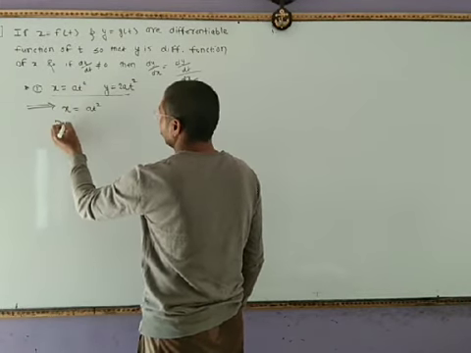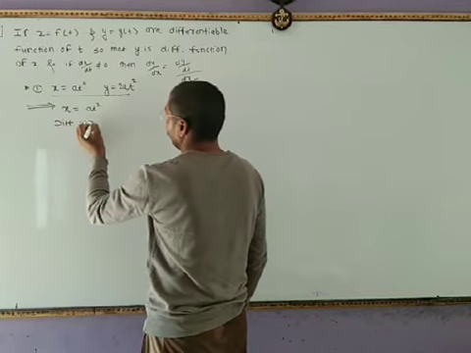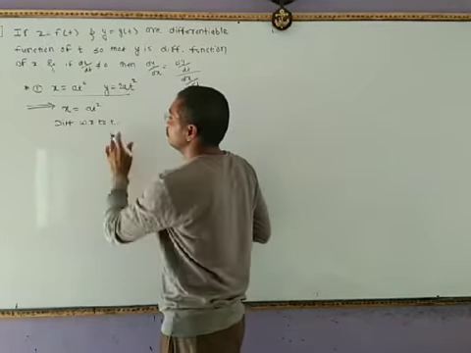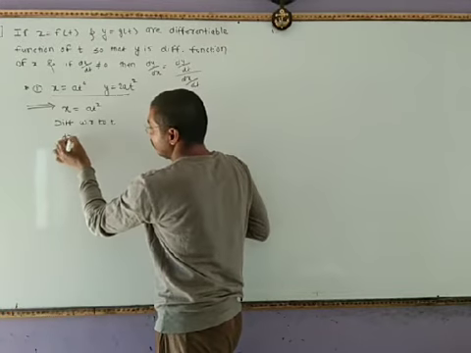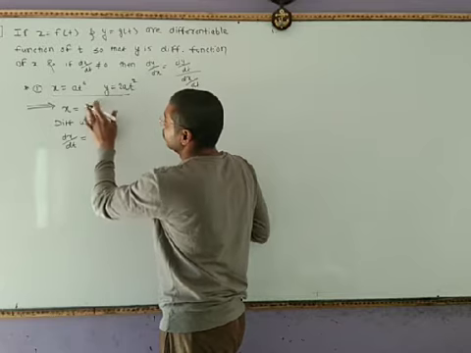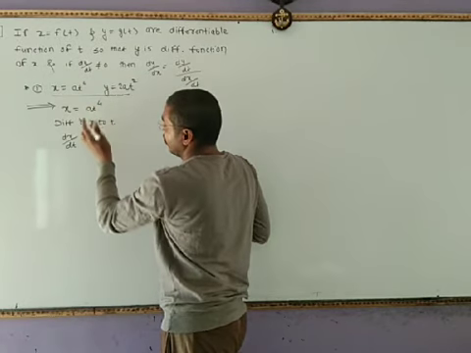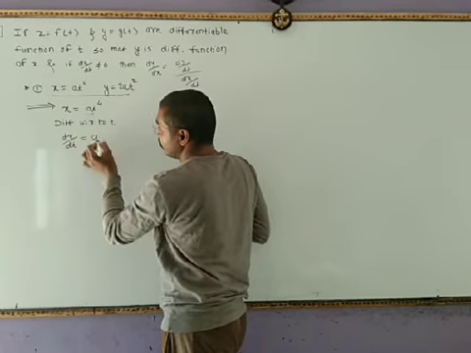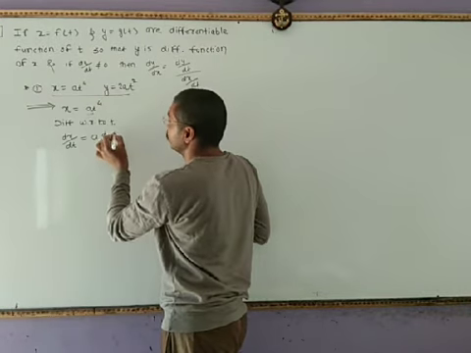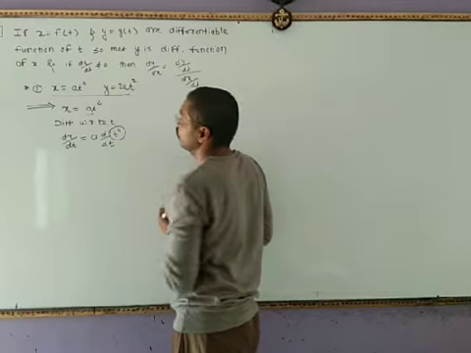Differentiate with respect to t. So dx upon dt is the derivative of at to the power 4. a is constant, so it goes outside, and we take the derivative of t raised to 4.